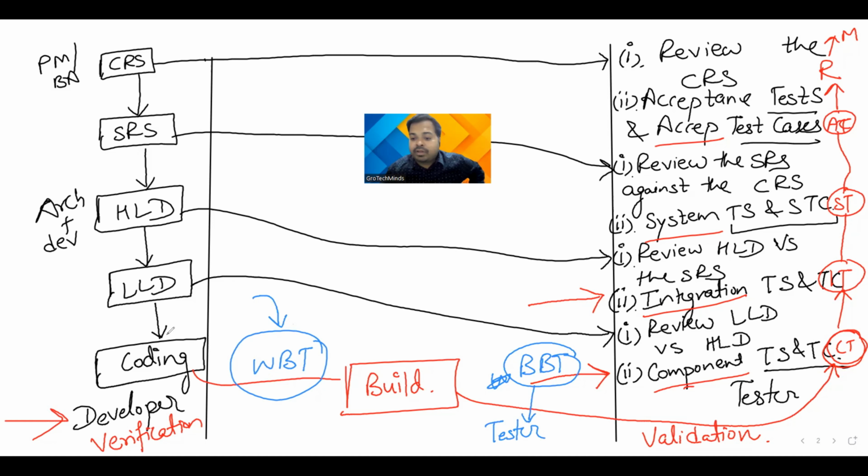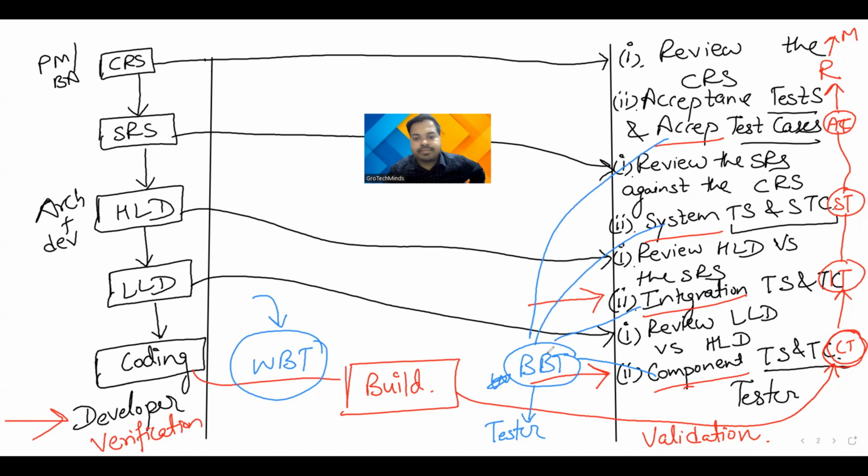Tell me now, do you think while doing component testing, integration testing, system testing, and acceptance testing, the code will be visible? No. So yes, guys, acceptance testing, system testing, integration testing, and component testing are the first 4 types of your black box testing.